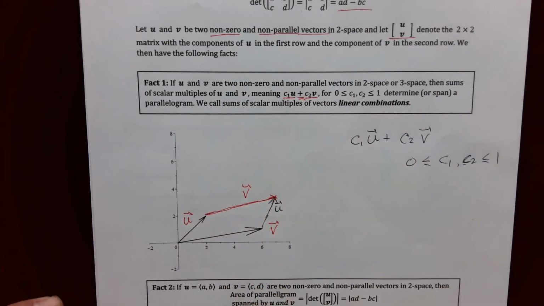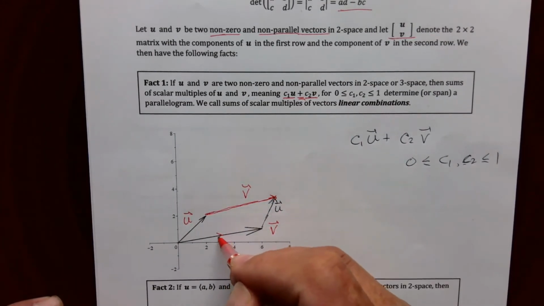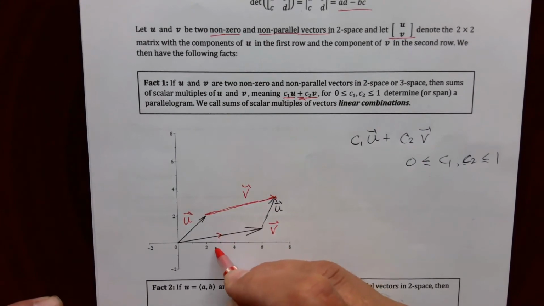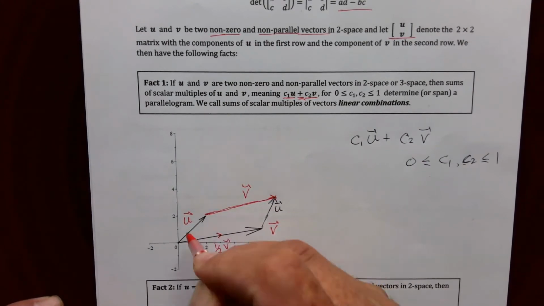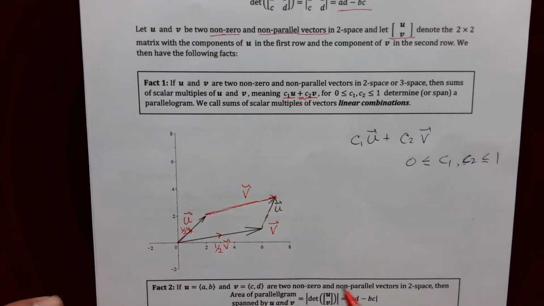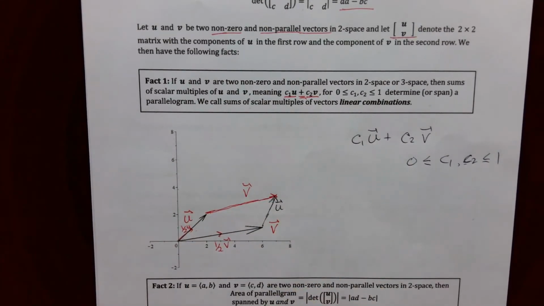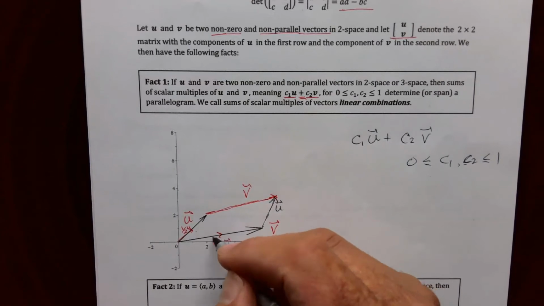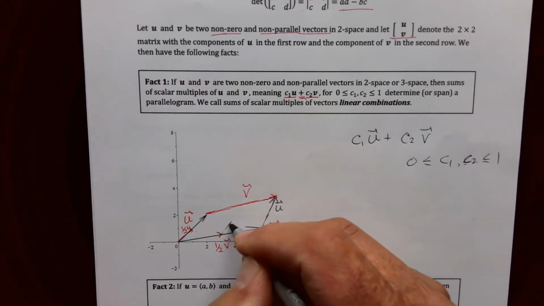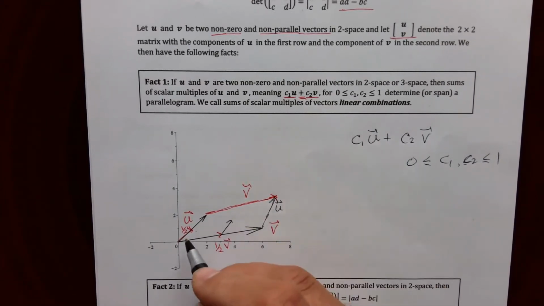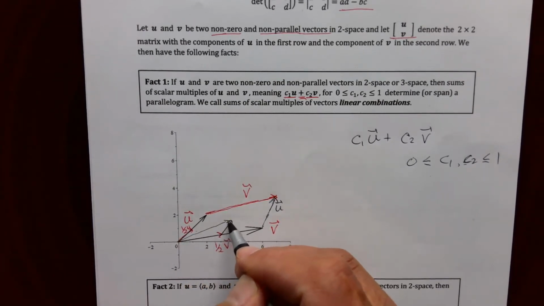We would get this point. What would happen if, for instance, let's just do an example, we take half of V and add that on to 1/2 of U? Either way we do this, maybe we'll start with half of V and add on half of U, and then we would go from the origin to the tip of that vector.